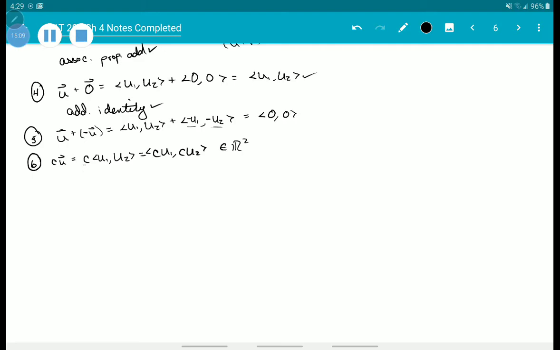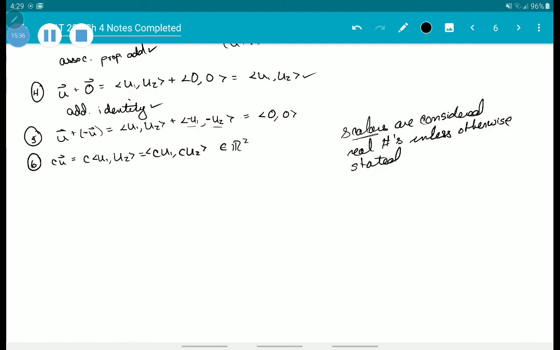If we take any scalar c, unless otherwise stated, we're going to assume that scalars are real numbers.